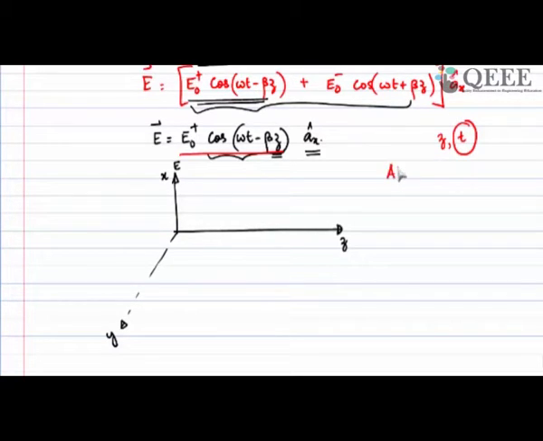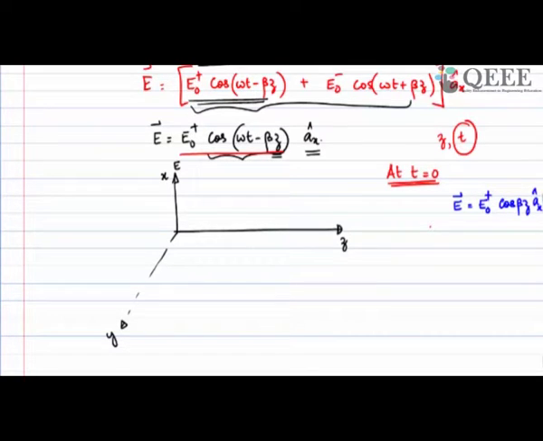So let me say I have t equal to 0. At this instant of time, t equal to 0, I am going to plot this. So at t equal to 0, what is actually happening to this vector? This vector is E naught plus, at t equal to 0, cos of minus beta z. Cos of minus beta z is cos beta z, it's an even function, times ax.